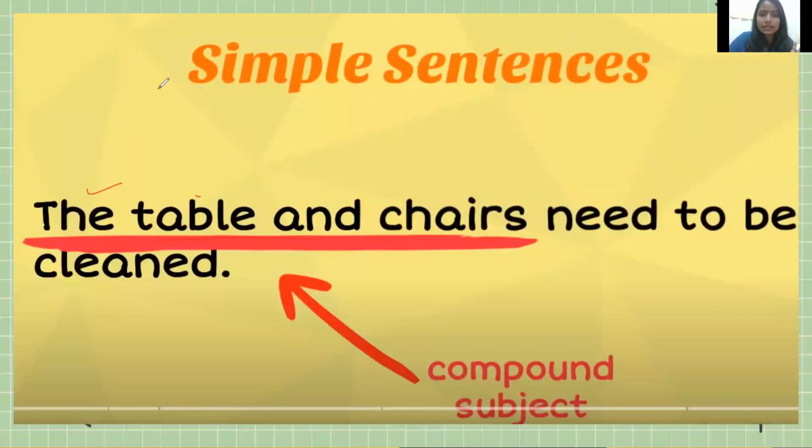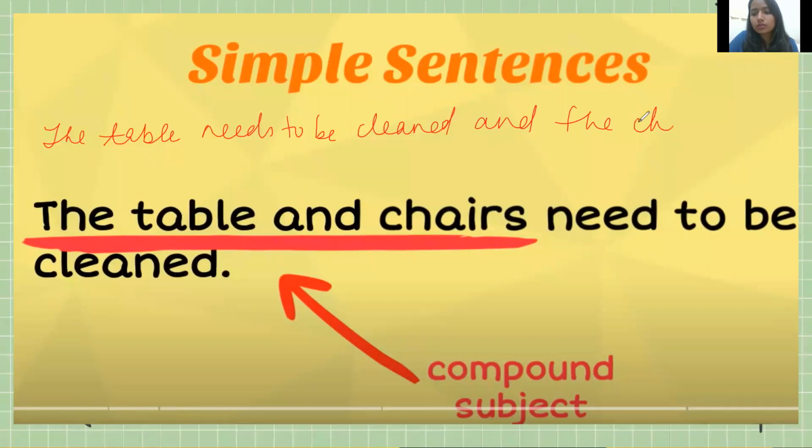Agar this sentence is written in a different way, the table needs to be cleaned, and the chairs too. Okay, so do you see now I have separated the two things because this whole sentence is talking about table and chair.